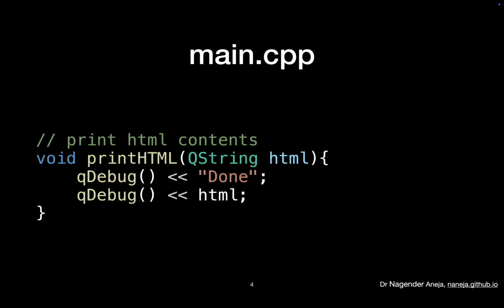Print HTML. So this is a function that will pass some HTML, which is a QString. We'll pass that, and it will just say done, means the data is available now, and that's the data. So that's the last statement. When the data is available, we'll say print HTML, and it says done, means everything is over now, and that's your content.